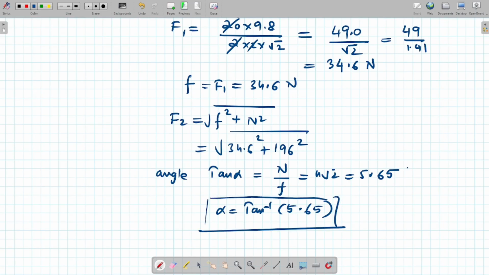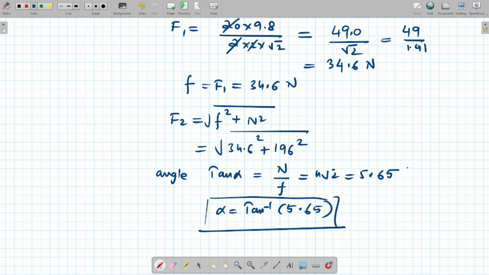So if you go through the question once again, you will see that we have found everything, yes or no? We were asked to find the reaction forces of the ball and the floor. So we will obviously have a vector quantity. So we have to tell in two terms: one, how much force and at what angle. Got it or no?